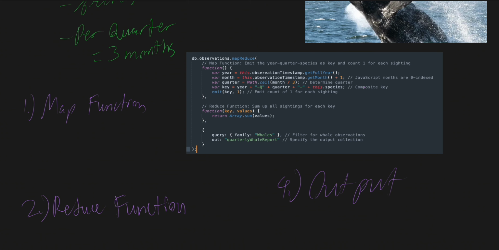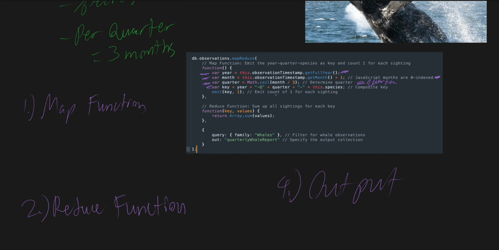And so within our map function, the function is executed once for each document, in this case, each whale sighting, that matches a specific query. It constructs a composite key from the year, since we are using a string in this case, and quarter as well, calculated from each month. So we are doing a month, then this is our quarter over here, hence the variable.